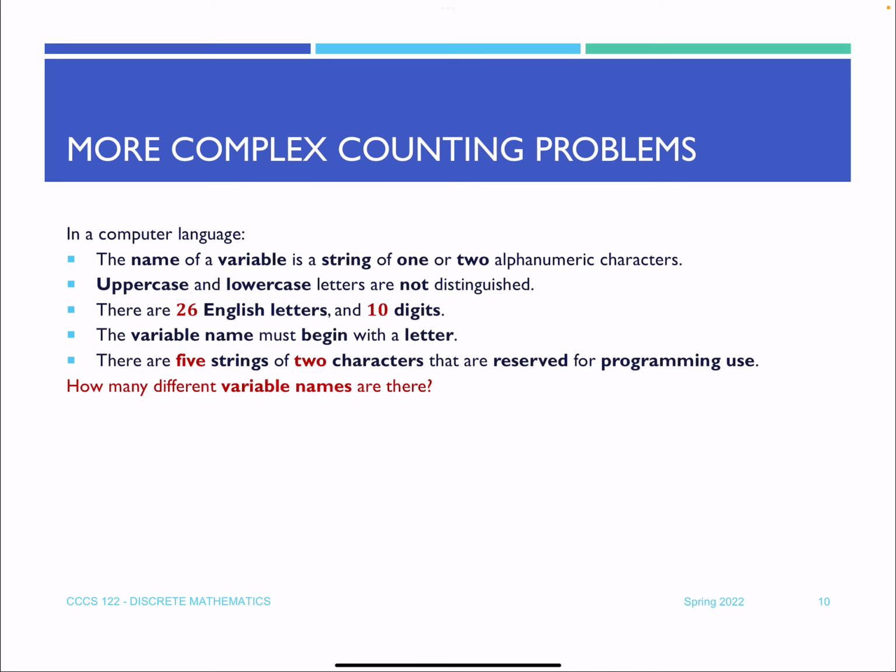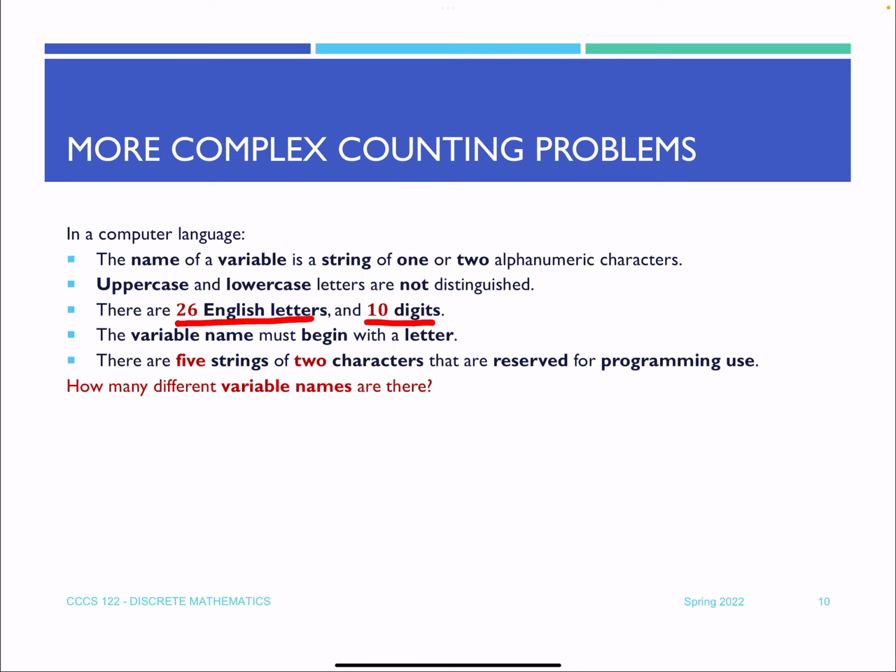So, first of all, this language does not distinguish between uppercase and lowercase letters. So an uppercase letter is the same as a lowercase letter. You can use all 26 letters of the English alphabet in the name of a variable, and you can use the 10 digits.